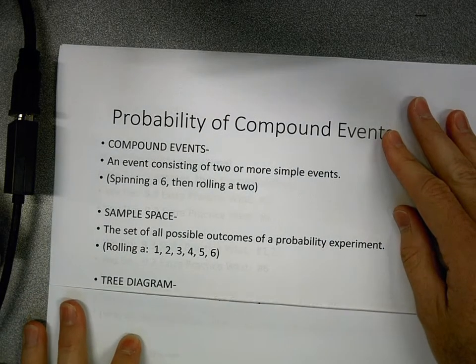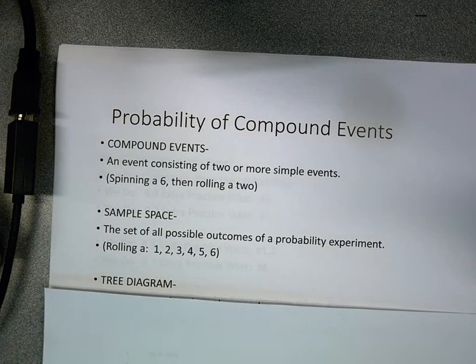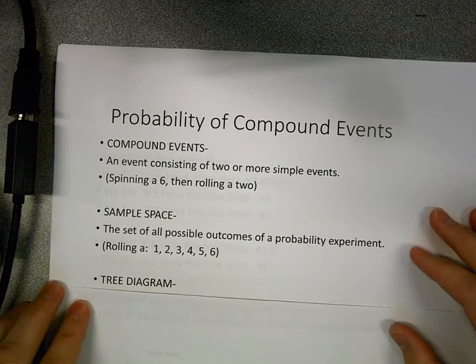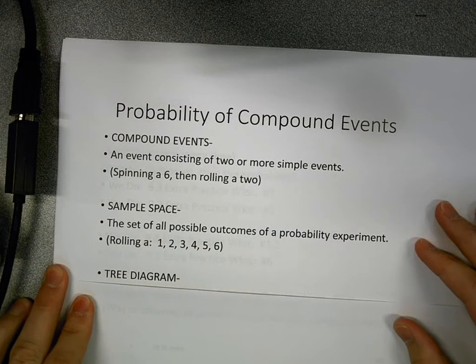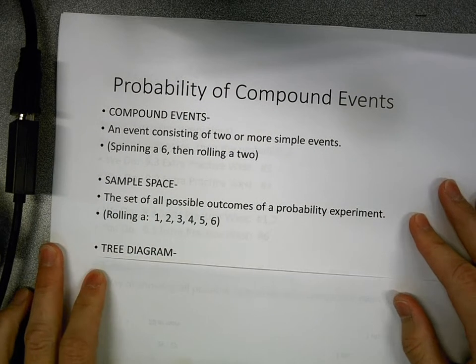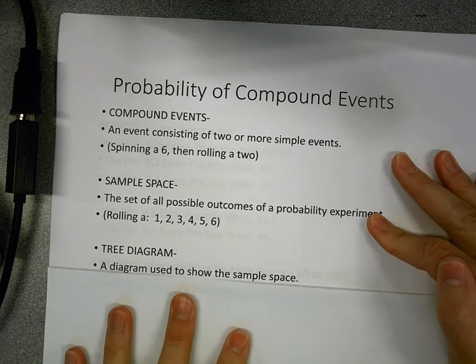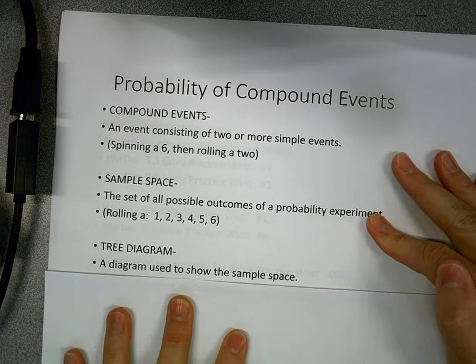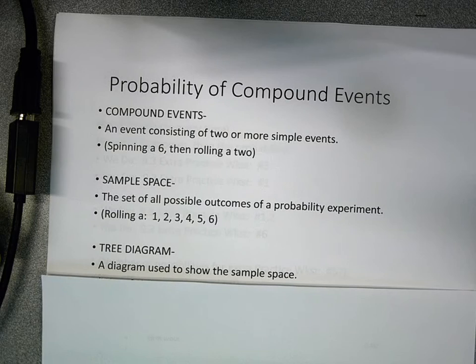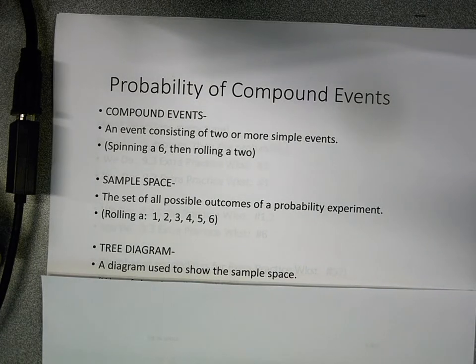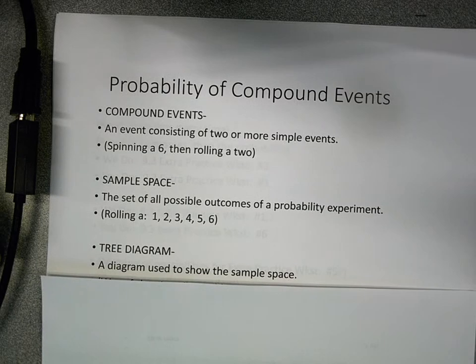Our next word, tree diagram. All right, so here's what a tree diagram is. It's a diagram used to show the sample space. It is a strategy to find the sample space, because when we're talking about compound events, finding the sample space is a little more challenging.